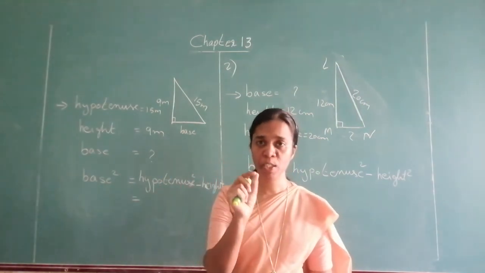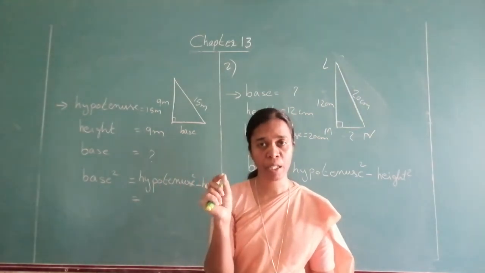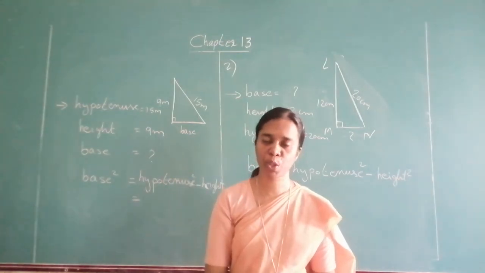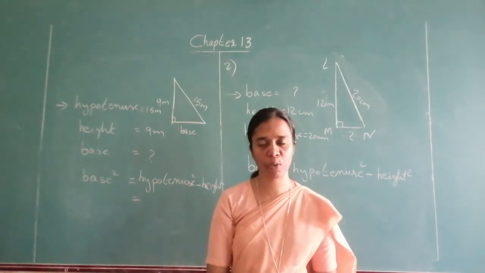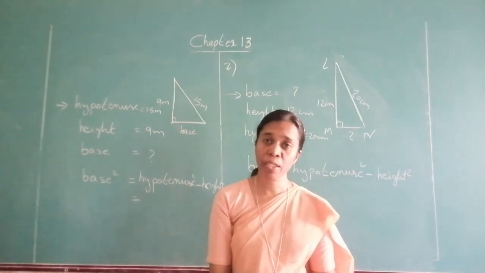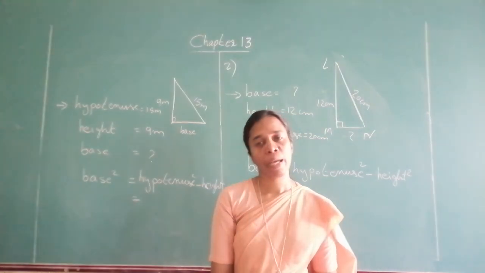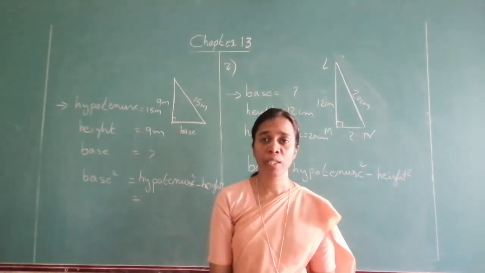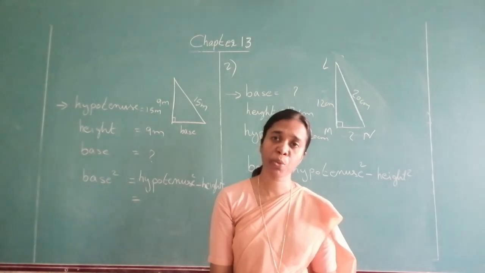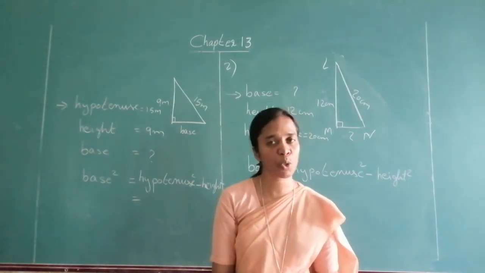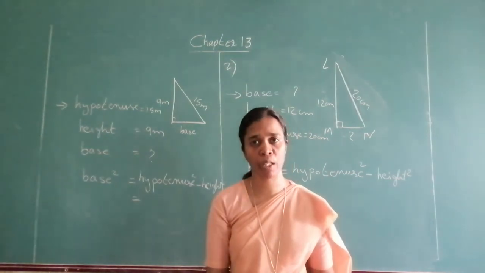If it is base or height, then hypotenuse square minus whichever is given to you. Please take note of that. You should learn the squares up to 30 well. Solving this will be very simple. And henceforth in all the years, all the higher classes, we will be using this Pythagoras theorem wherever there is a right angle triangle. So you should know this very well.